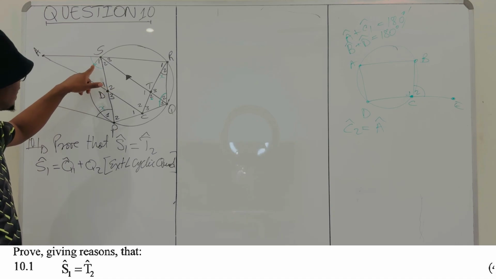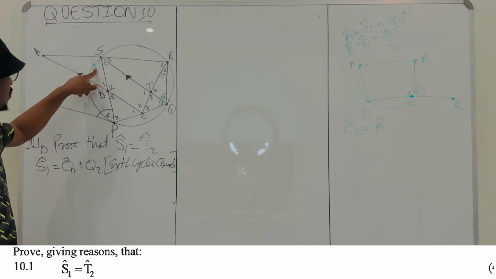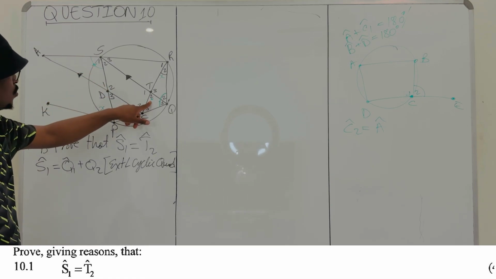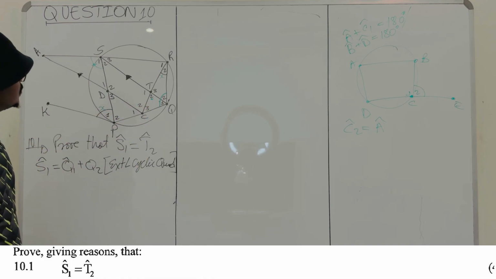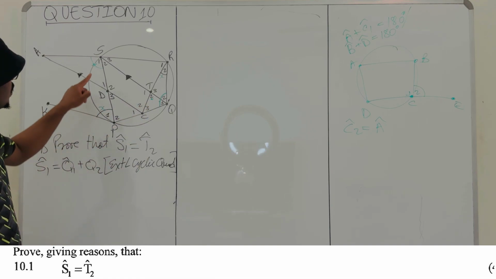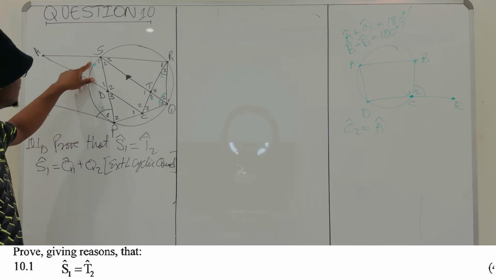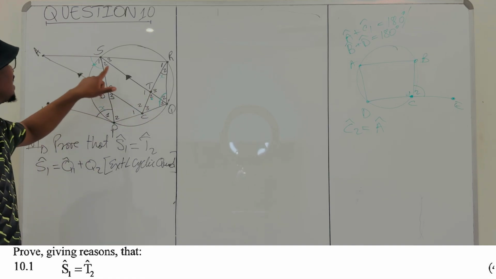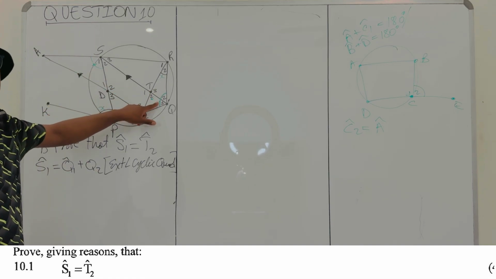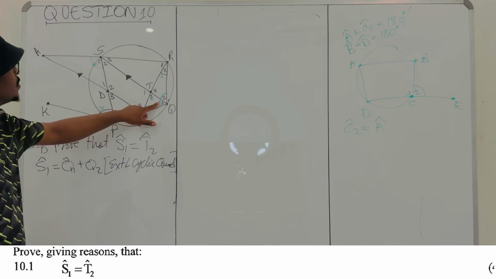So how do we connect this S1 of yours to T2? Fine. But we know that S1 has something to do with Q1 and Q2, right? Because we said S1 is equal to Q1 plus Q2 because the exterior angle is equal to the inside opposite angle. Right? Fine.